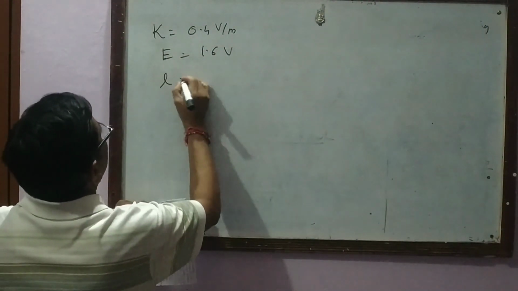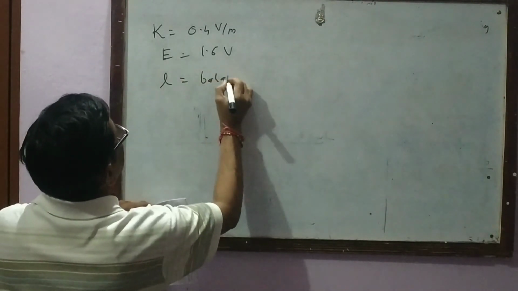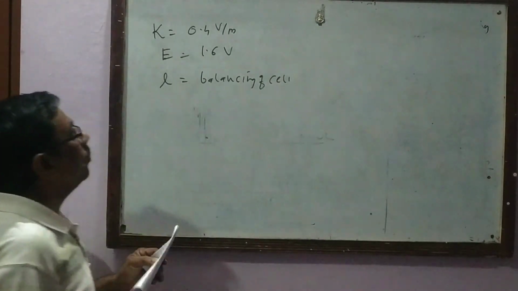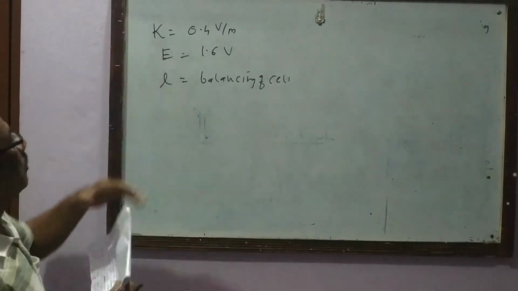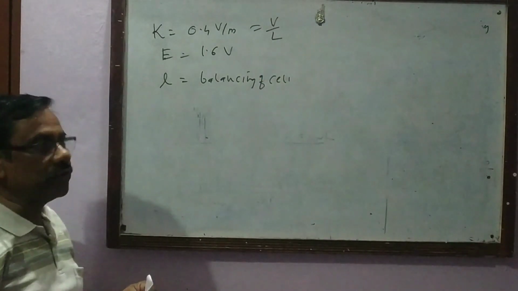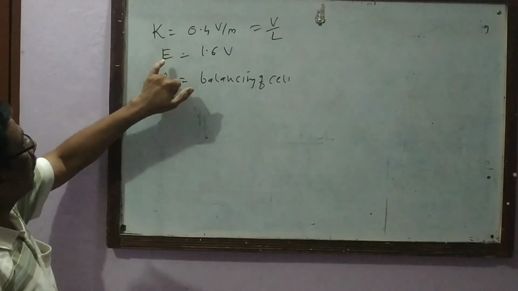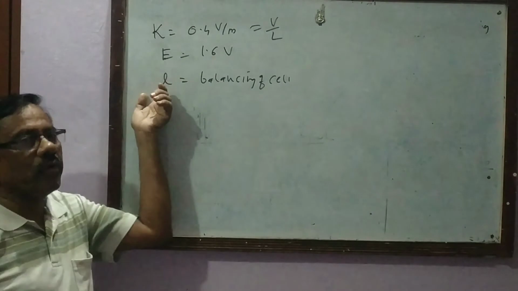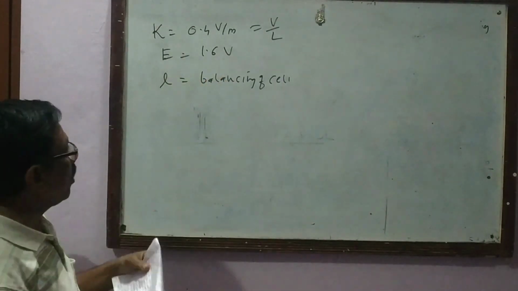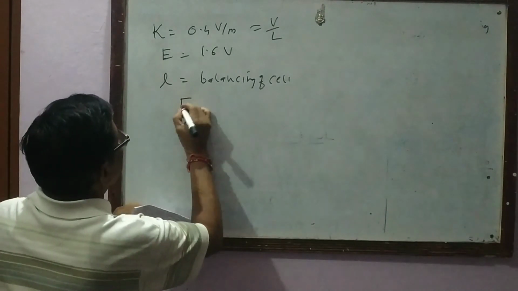Here we have to calculate L, the balancing length of the cell. The potential gradient K is equal to V upon L, the potential per unit length, which is given to you. The EMF is given to you, and we have to calculate the balancing length against the cell.